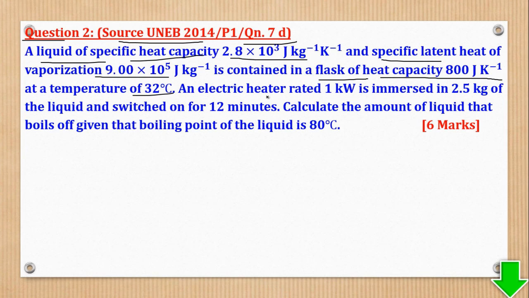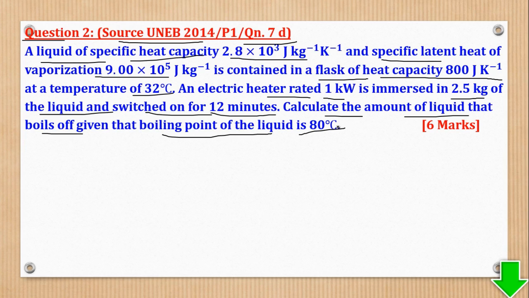An electric heater rated 1 kilowatt is immersed in 2.5 kilograms of the liquid and switched on for 12 minutes. Calculate the amount of liquid that boils off, given that boiling point of the liquid is 100.